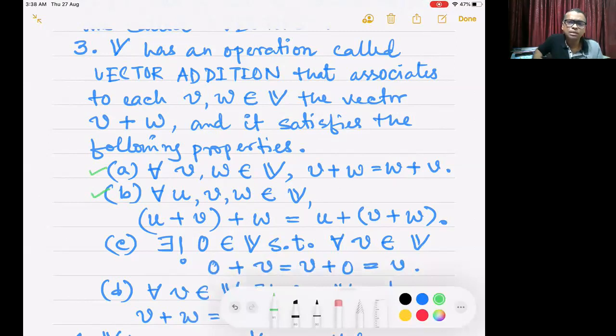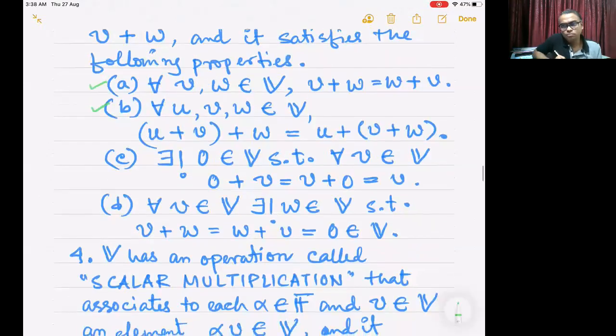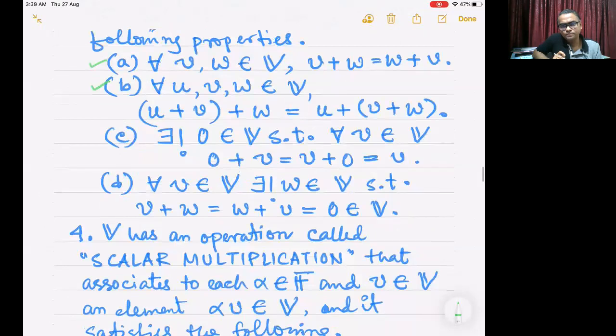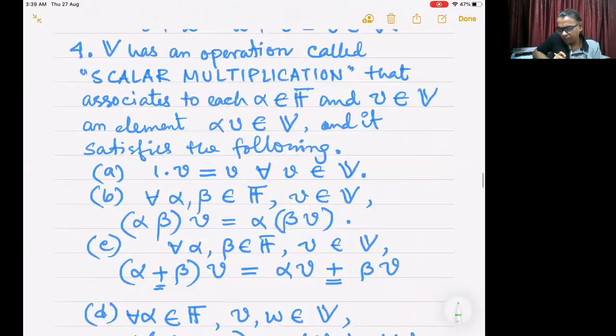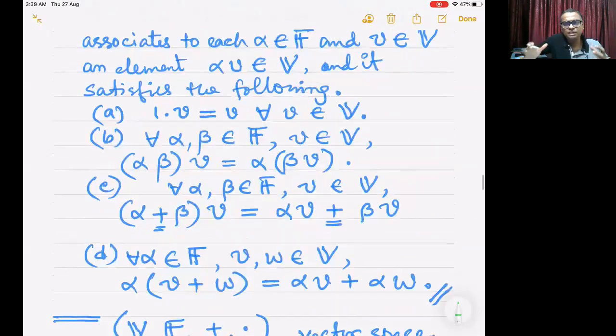So it's already there in W, and I don't have to check it anymore. But I have to check for this 0, the additive identity. I also have to check for the additive inverse. Now, scalar multiplication: once again, all these properties are properties of the parent vector space already defined, so they will already be there. I don't have to check them.